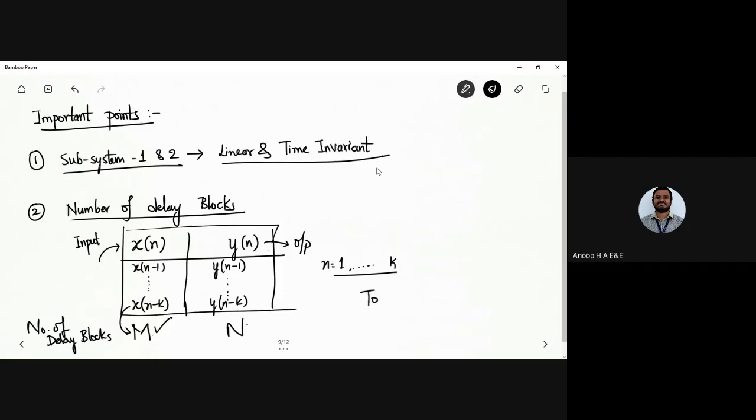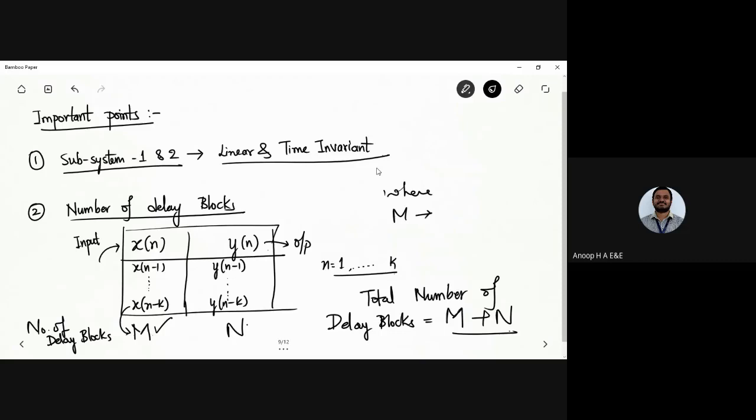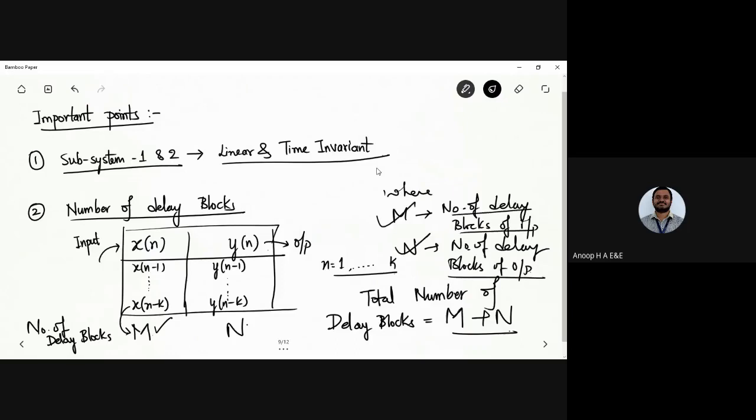So the total number of delay blocks is m plus n, where m is the number of delay blocks of the input and n is the number of delay blocks of the output.